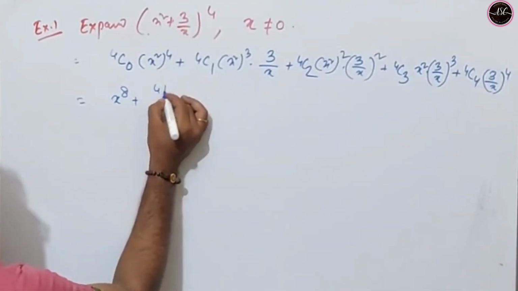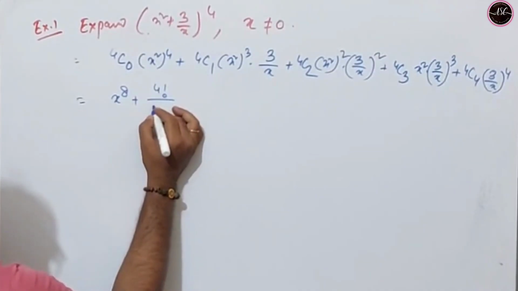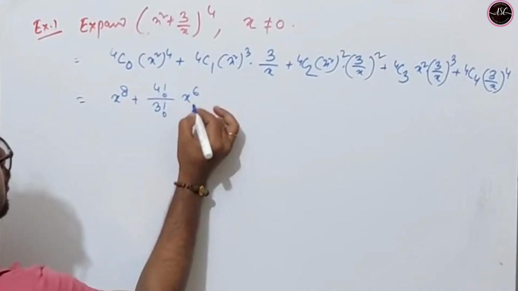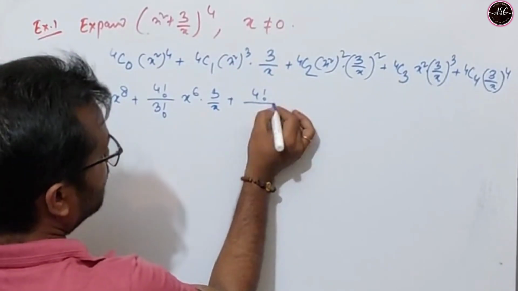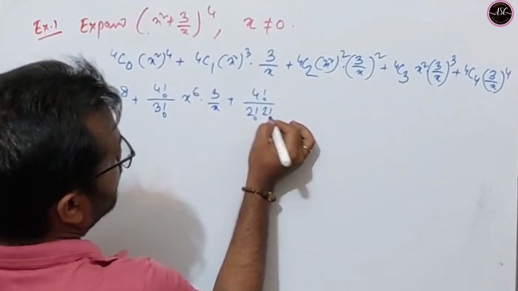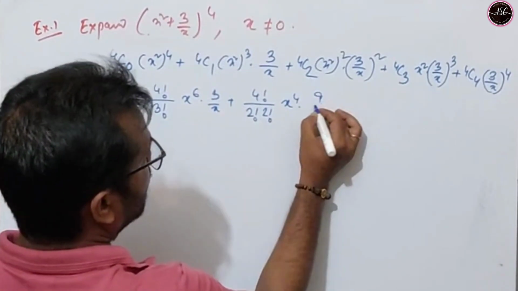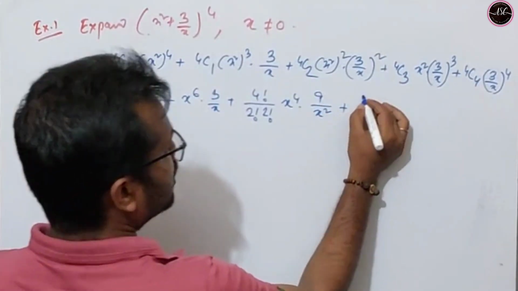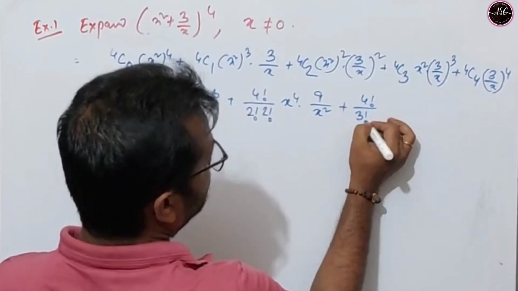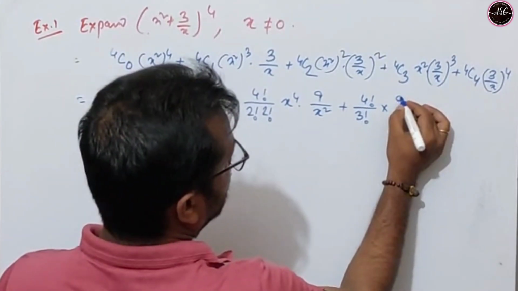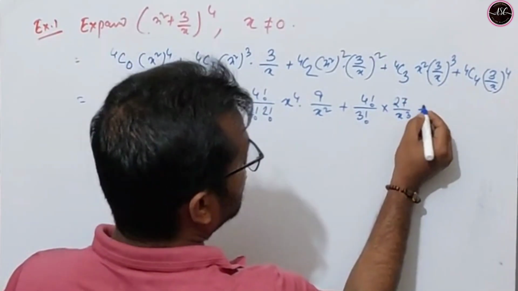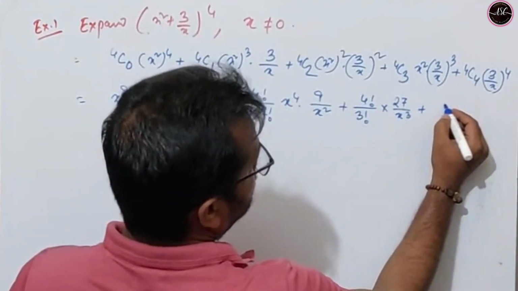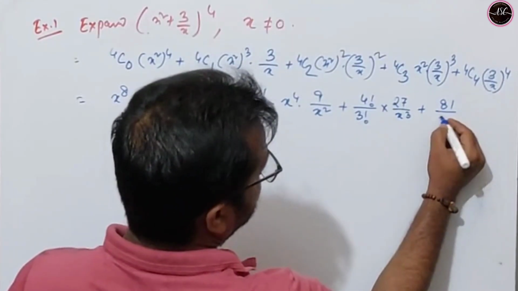Here 4C1 is equal to 4 factorial divided by 3 factorial into 1 factorial, and here this will be x to the power 6 dot 3 by x plus 4C2 equal to 4 factorial divided by 2 factorial into 2 factorial x to the power 4 dot 9 x square plus 4C3 equal to 4 factorial divided by 3 factorial into 1 factorial into 9 into 3 equal to 27 by x cube plus 4C4 equal to 81 by x to the power 4.